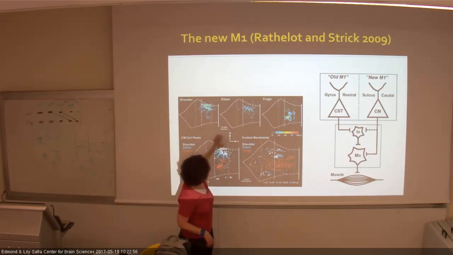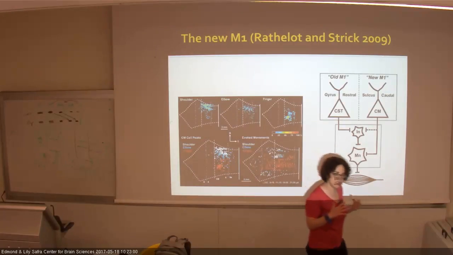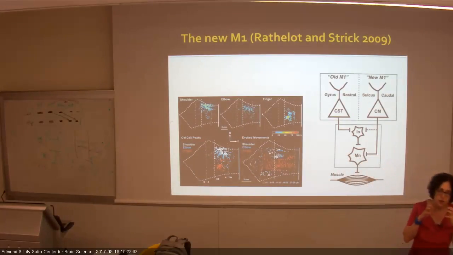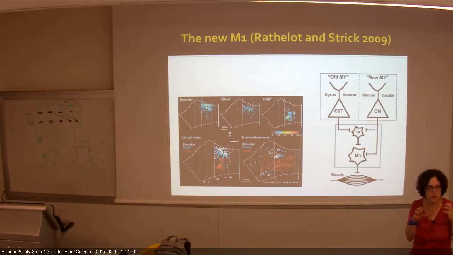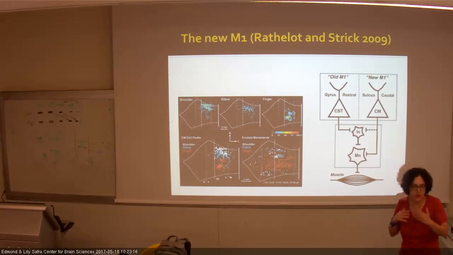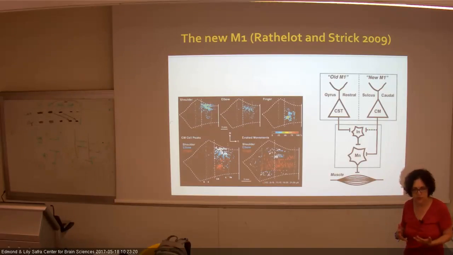So what Peter Strick suggested is that with evolution, we developed a new, unique part of the motor cortex where most of the cortical motor neuronal system is located, and this part is increasing in size with evolution. So for us humans, this is a more major part of the primary motor cortex.